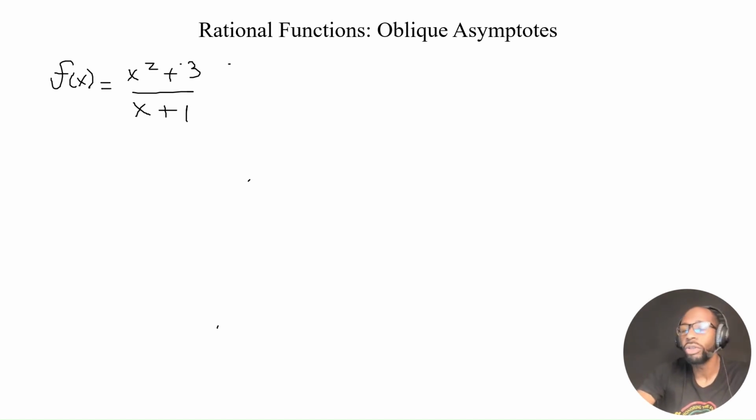Now, how do you know that you have an oblique asymptote? This is how you know.